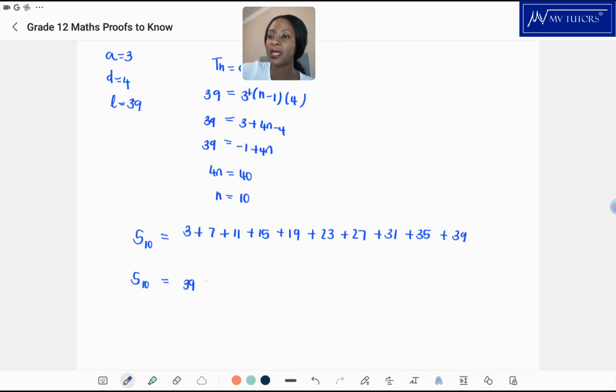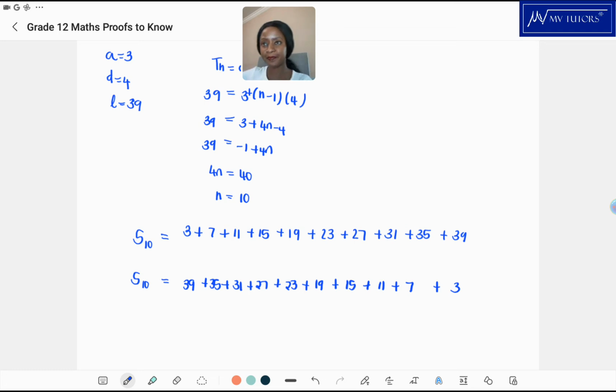So I'm going to go 39 plus 35 plus 31 plus 27 plus 23 plus 19 plus 15, 11, 7, and 3. Okay, so once I'm done doing that, I am now going to add the 2 rows.